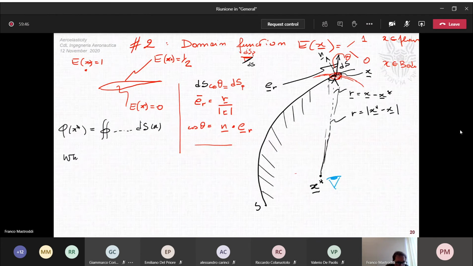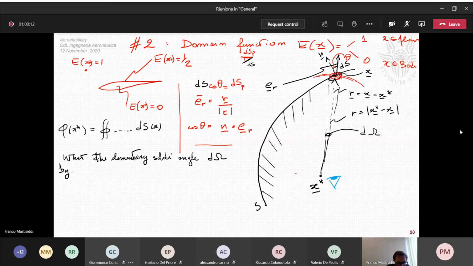What is the elementary solid angle d omega by means of the point x star, the elementary surface. Yes? Question?